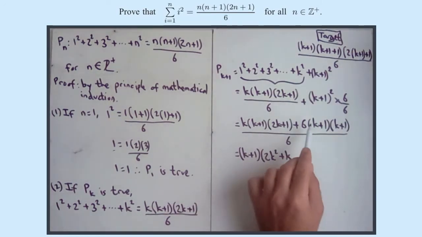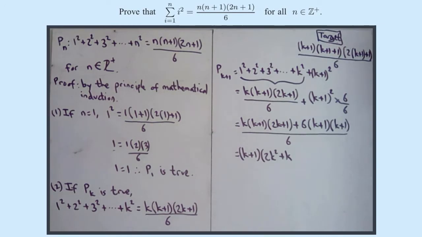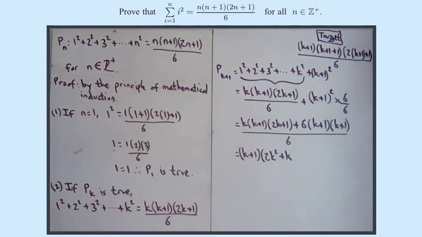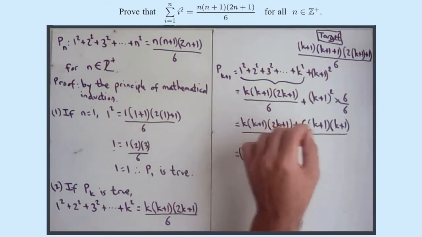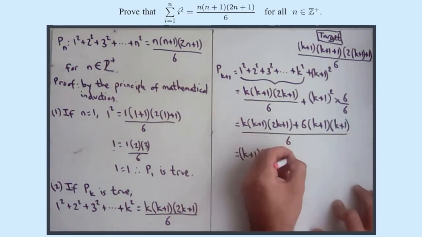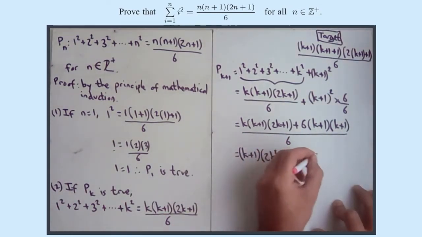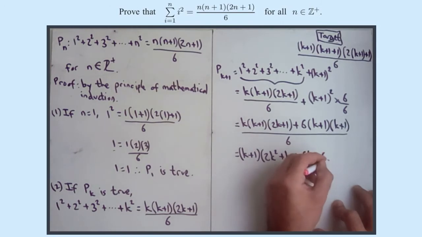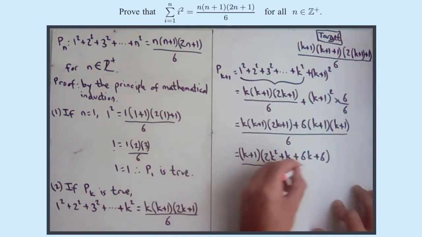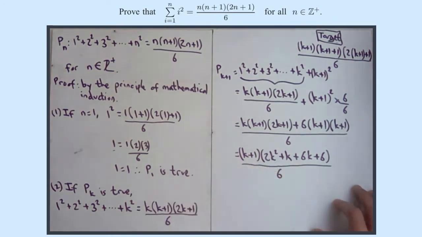So what would be left once we take the k plus 1 out of this term here? You can think of this as you need to divide this whole expression by k plus 1. It's going to leave a 6 times k plus 1, which is 6k plus 6. It's all positive. Plus 6k plus 6, like that. All over 6, right?